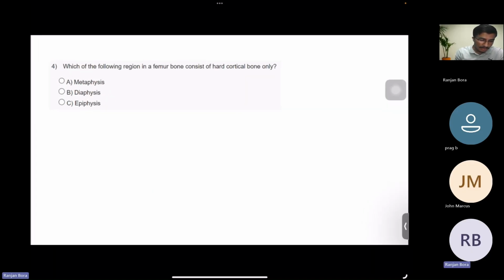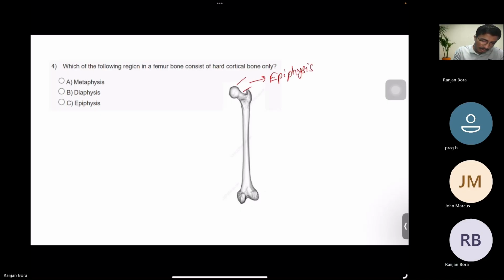Next question is, which of the following regions in a femur bone consists of hard cortical bone? So this is a femur bone, and this region is epiphysis. Yeah, option B is correct. Up to this region, it is metaphysis. And from here up to here, it is diaphysis.